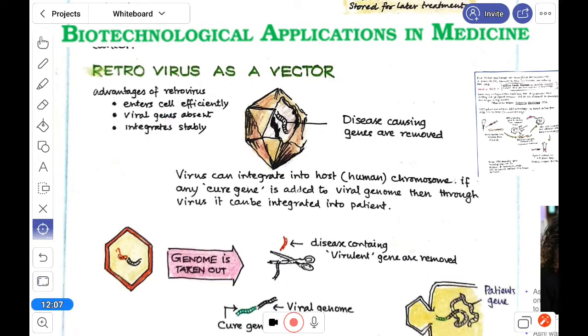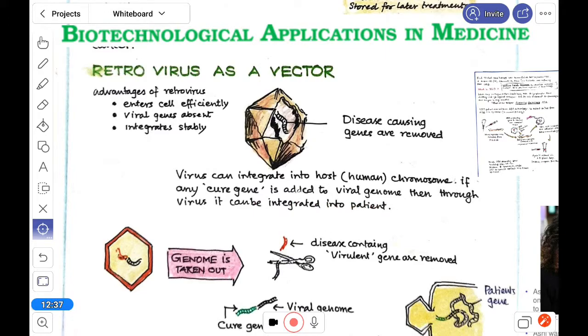And what we are doing, the disease causing gene we are removing from it. The virulent gene we are removing, so that this virus will not create any disease. Virus can integrate into the host human chromosome. If any cure gene is added in the viral genome, then the virus can be integrated into the patient.